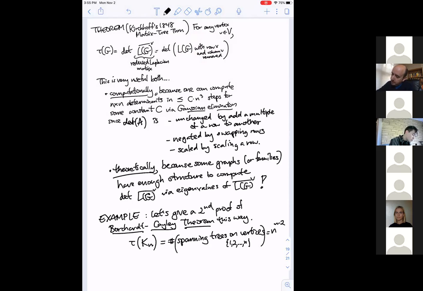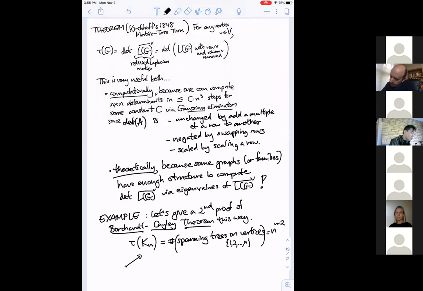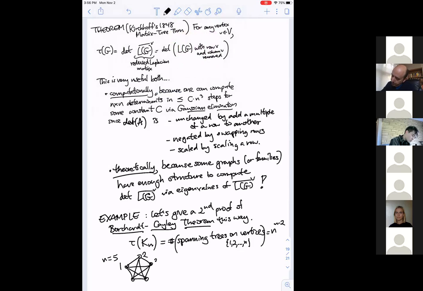But let's think about this. Why is this the same as tau of Kn? Well, if we had a complete graph, let's do n equals 5 here. So let's label the vertices 1, 2, 3, 4, 5. When we pick one of these spanning trees, maybe this edge and this edge and this edge and this edge, that's just an arbitrary tree on vertices 1 through 5.